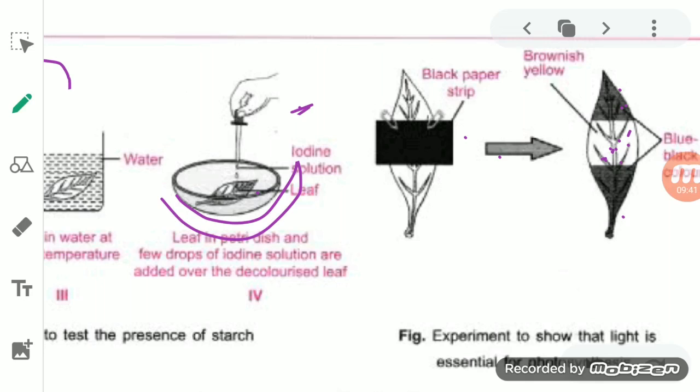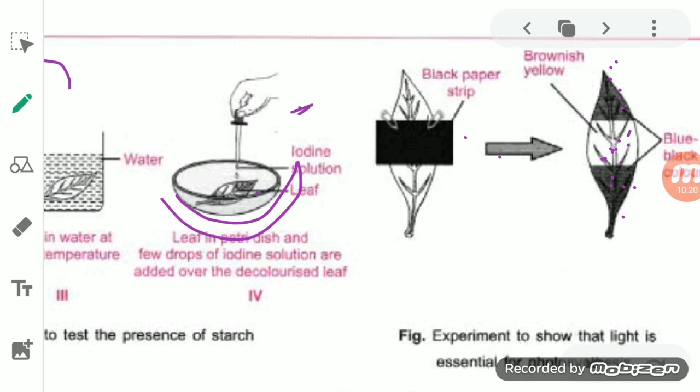While the portion which was not covered with the aluminium foil, as it is kept outside, will again start the process of photosynthesis, and due to photosynthesis, it starts preparing food, and thus it contains starch. It increases the amount of starch in it, and when you add the iodine solution, we find that this surface turns blue black, which shows that it contains starch.